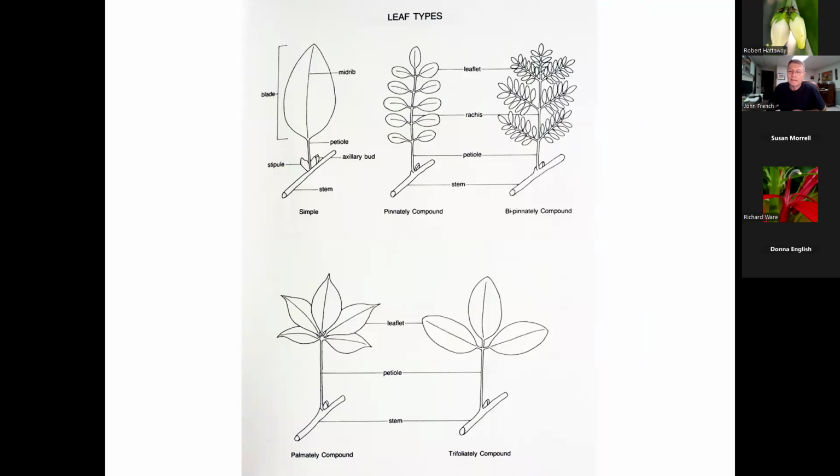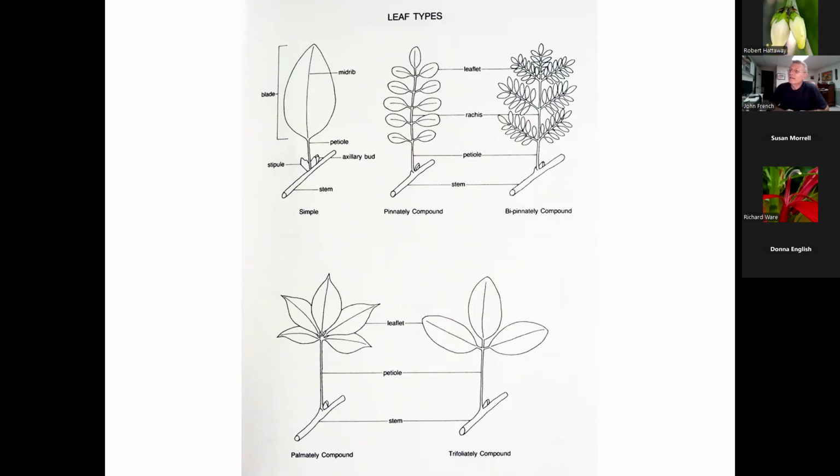I'm hoping everybody who got these diagrams looked through them to learn these terms. For instance, this first one shows a simple leaf, a pinnately compound leaf, a bipinnately compound leaf, palmate compound, and trifoliately compound. I'll show you examples of that when we get past the diagrams to actual leaves.